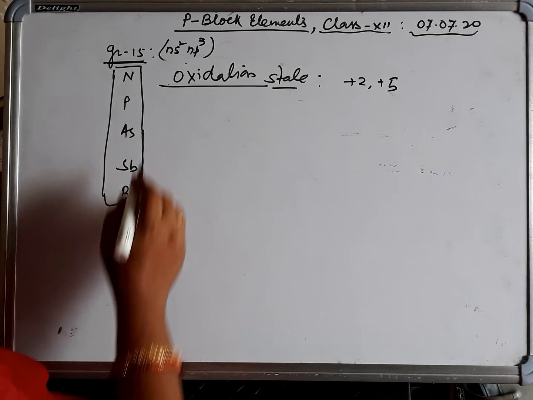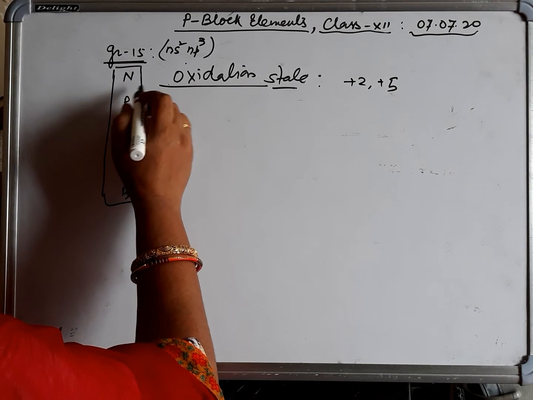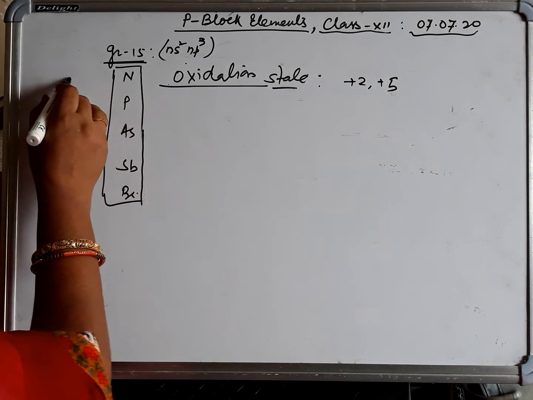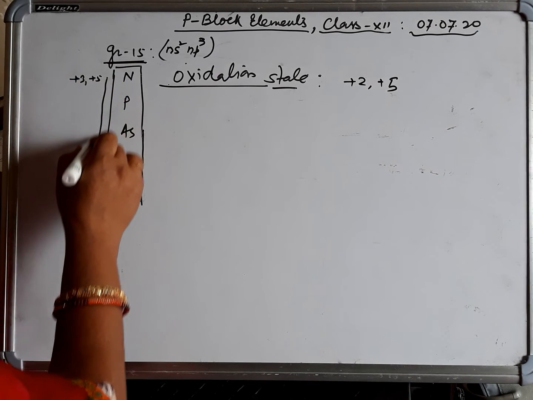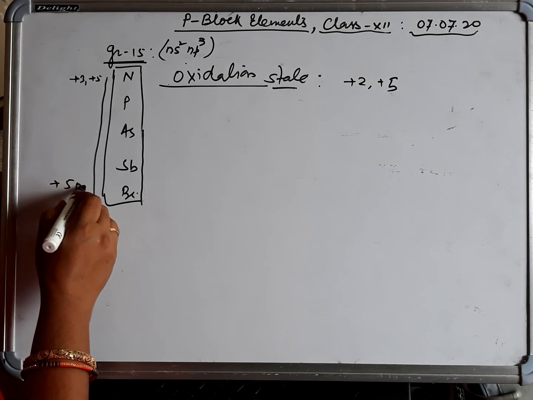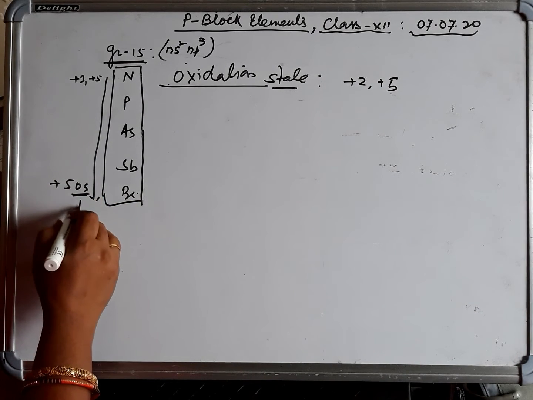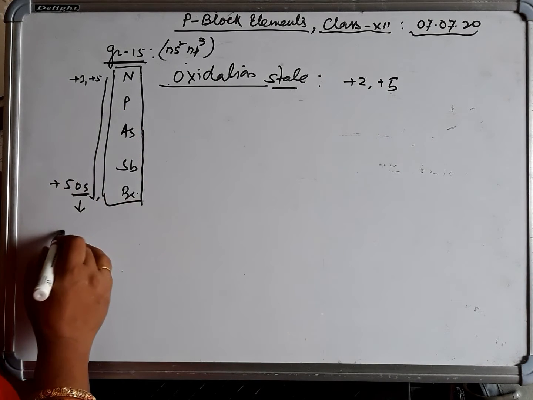But the stability of the +3 oxidation state increases down the group, and that of the +5 oxidation state decreases. The tendency to form the +5 oxidation state decreases, and the +3 oxidation state increases.